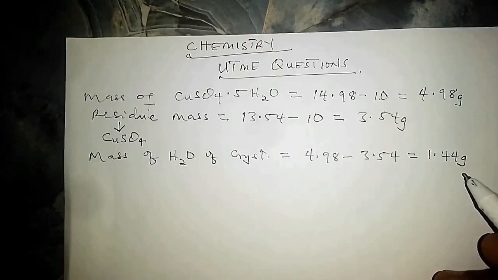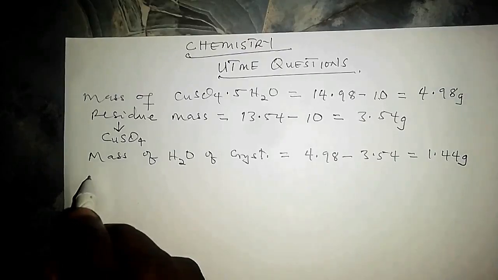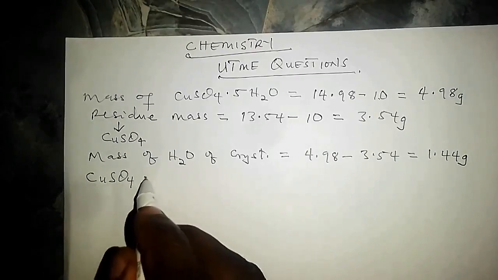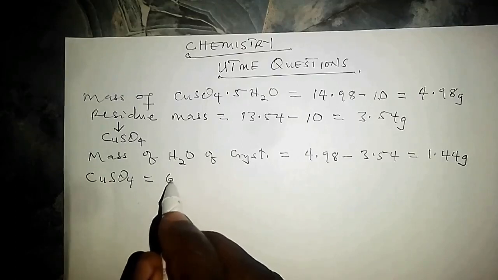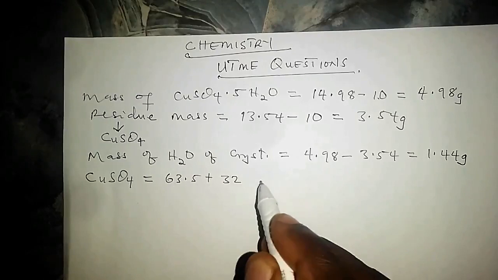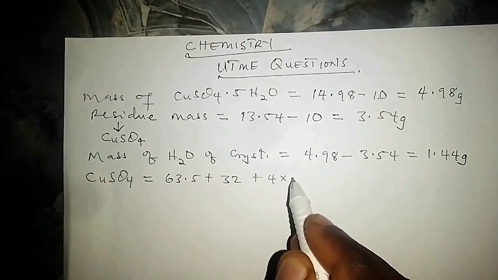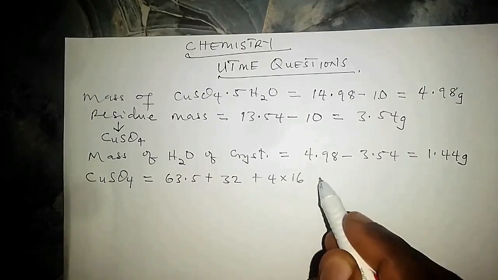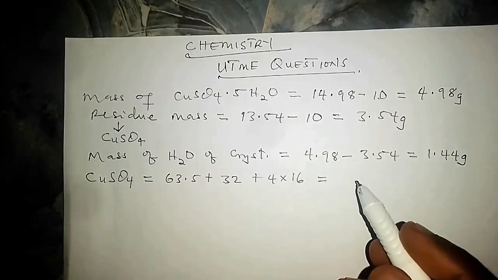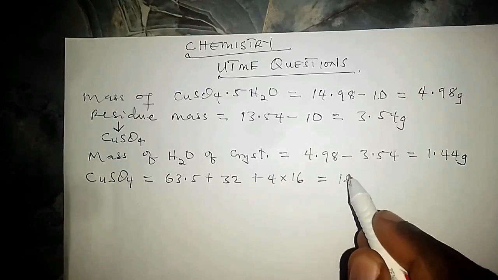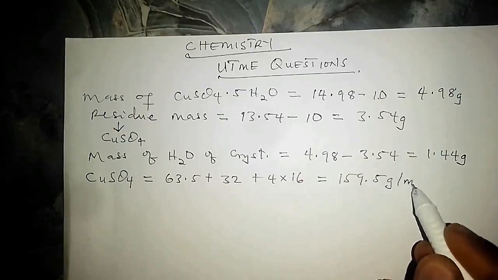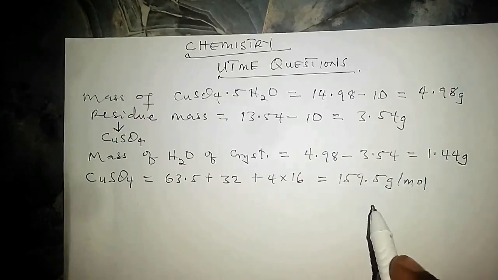So that is the mass of water of crystallization. The molar mass of anhydrous copper(II) sulfate is 63.5 plus 32 plus 4 times 16, which gives 159.5 grams per mole.